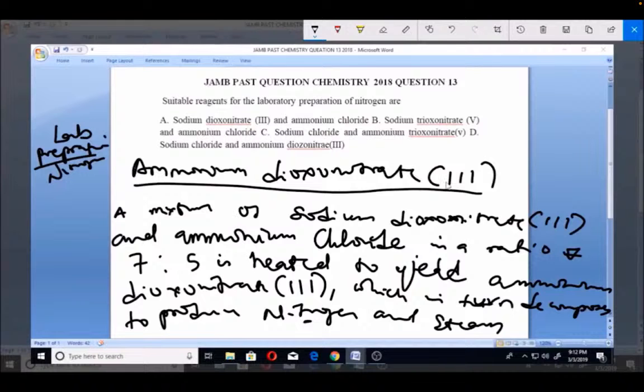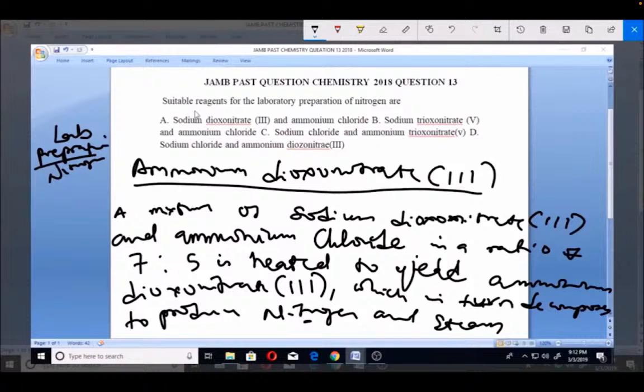So you see the way nitrogen is produced from ammonium dioxynitrate 3. But how does this ammonium dioxynitrate 3 come to be? By having a mixture of sodium dioxynitrate 3 and ammonium chloride. That's how you produce this. So once you have a mixture of sodium dioxynitrate 3 and ammonium chloride, it produces ammonium dioxynitrate 3, which can easily decompose on heating to produce nitrogen.